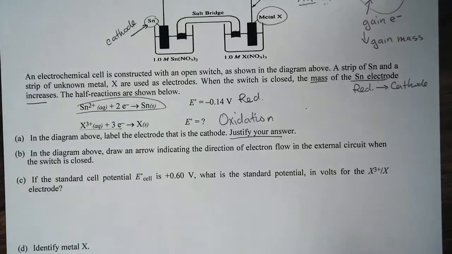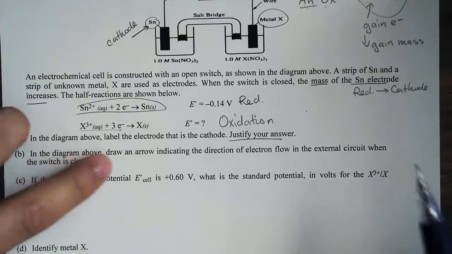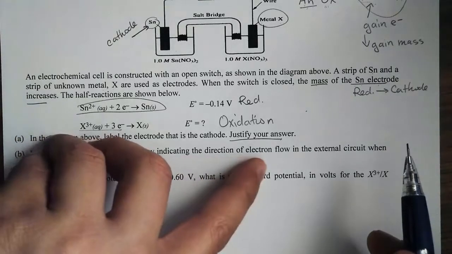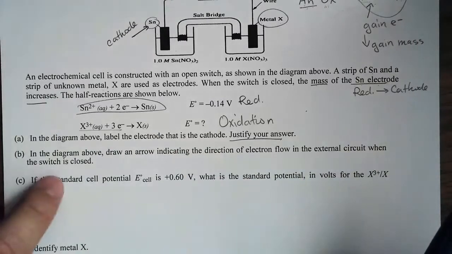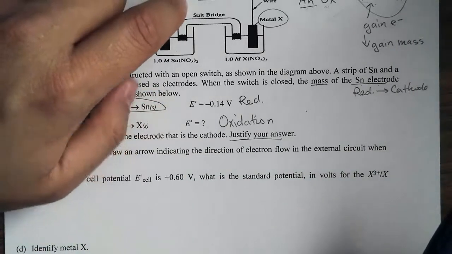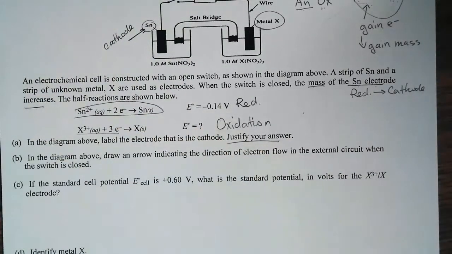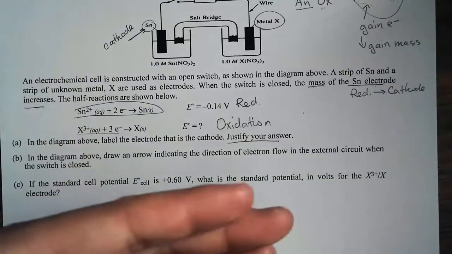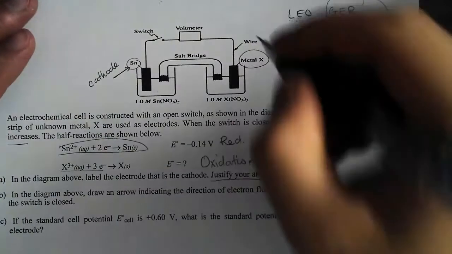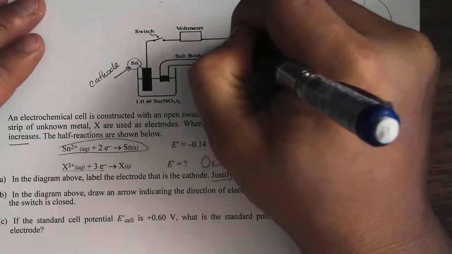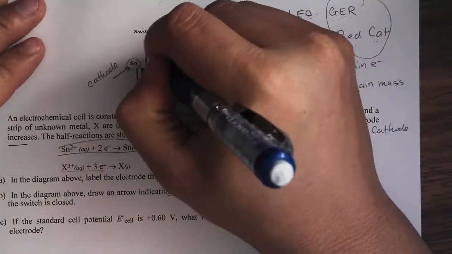Now, let's go back to the problem. In question B, in the diagram above, draw an arrow to indicate the direction of electron flow in the external circuit when the switch is closed. That means we close the switch. So how does that work? Remember, electrons are lost in one place and go to a place where they are gained. So we know right away it has to go from here to there.